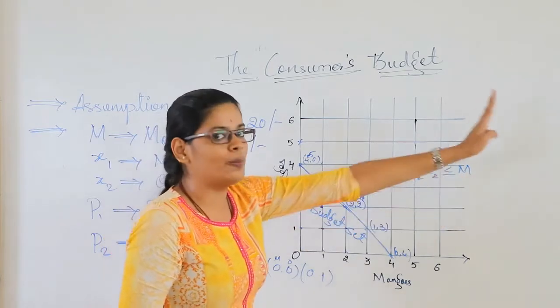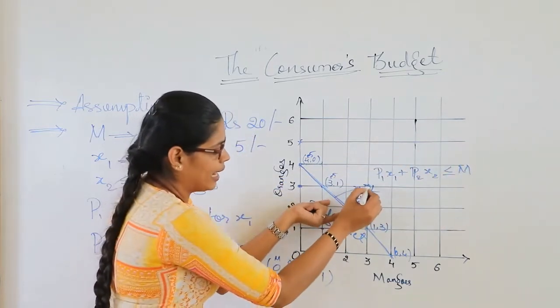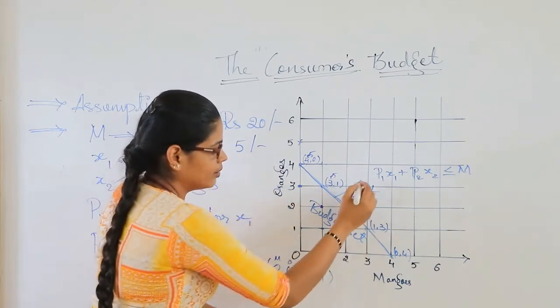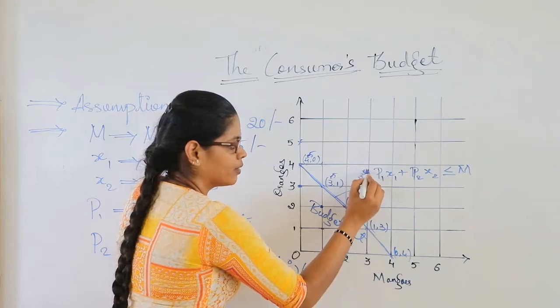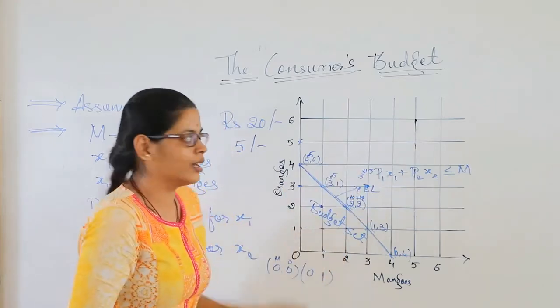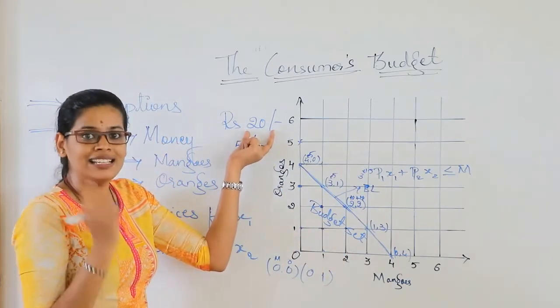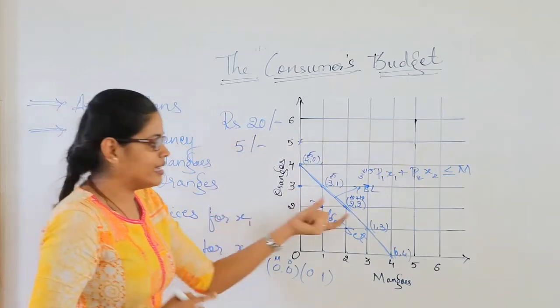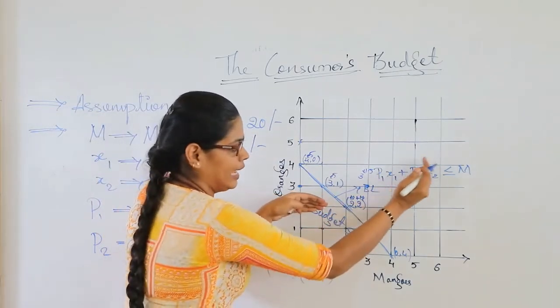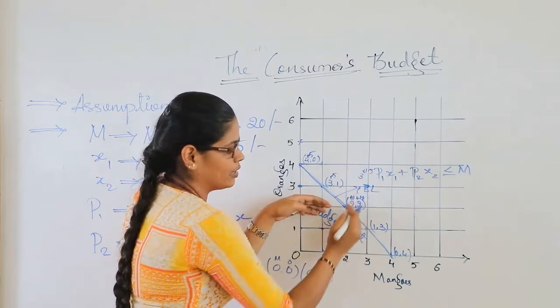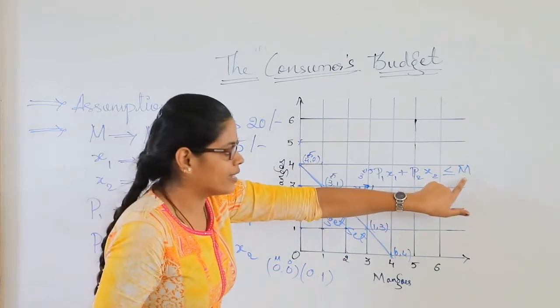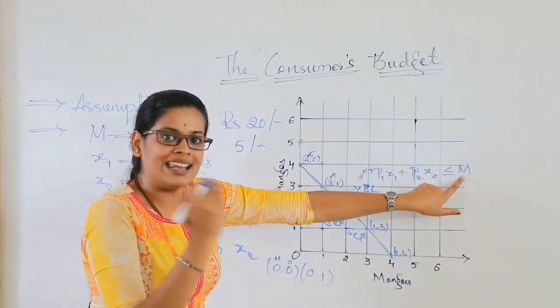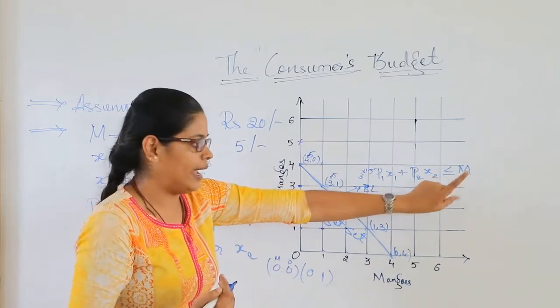He cannot go beyond this. Can he go and buy 3 and 3? 3 into 5 becomes 15, 15 plus 15 becomes 30. But his budget is 20. So the area beyond this line doesn't come under the budget set. That's the reason we express it as less than or equal to M.